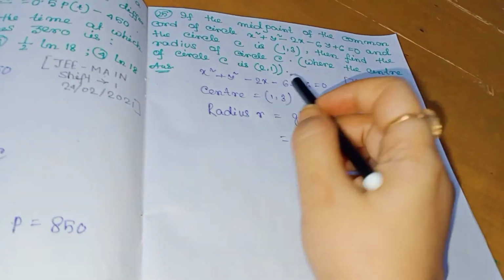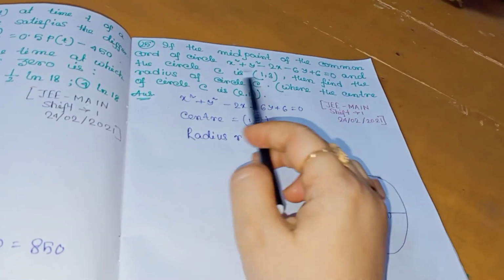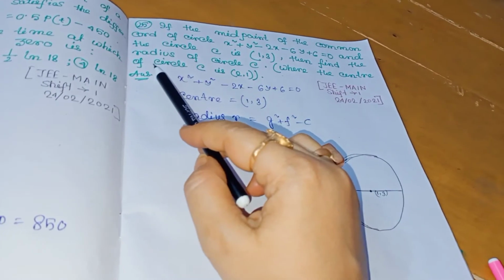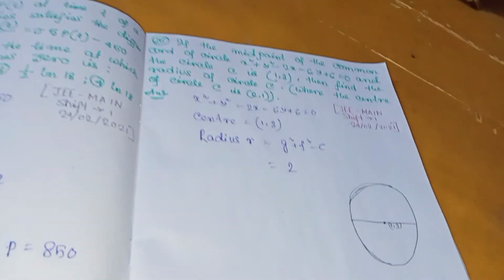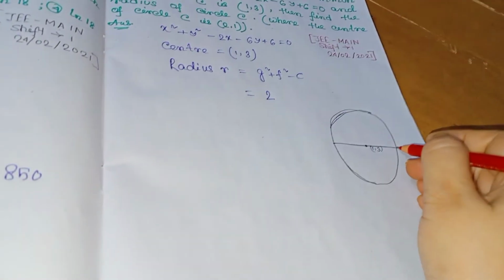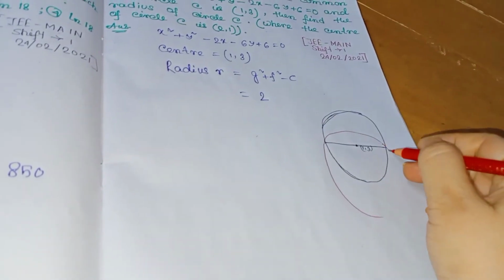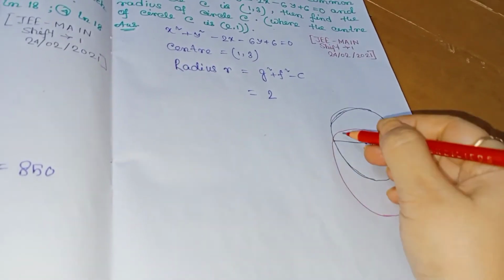Now the second circle, the circle C, whose center is (2, 1).